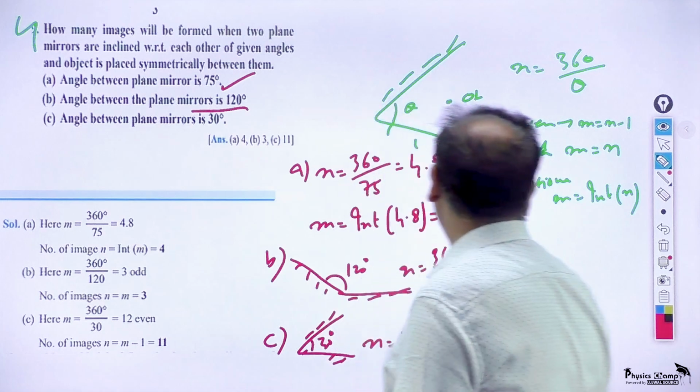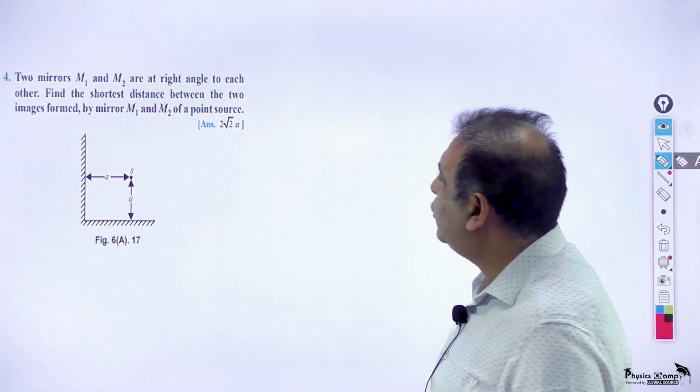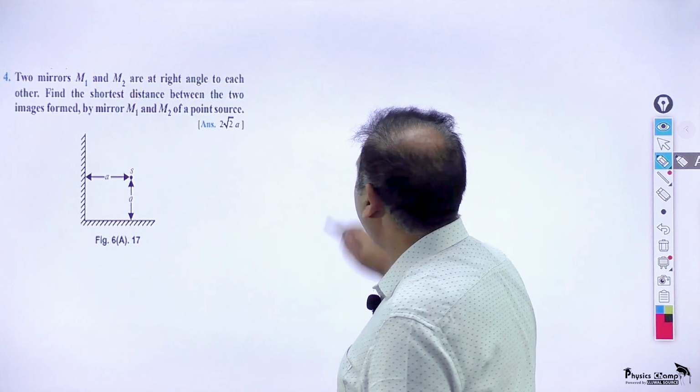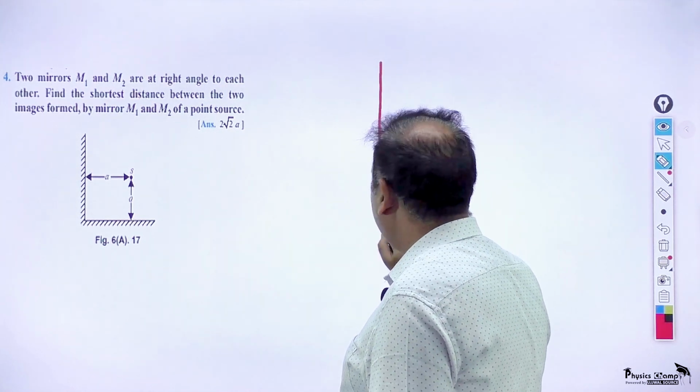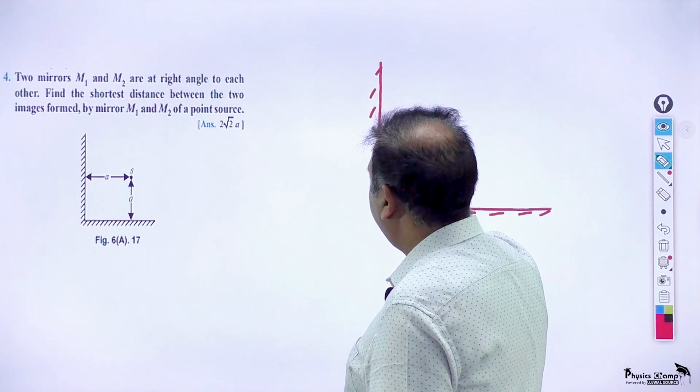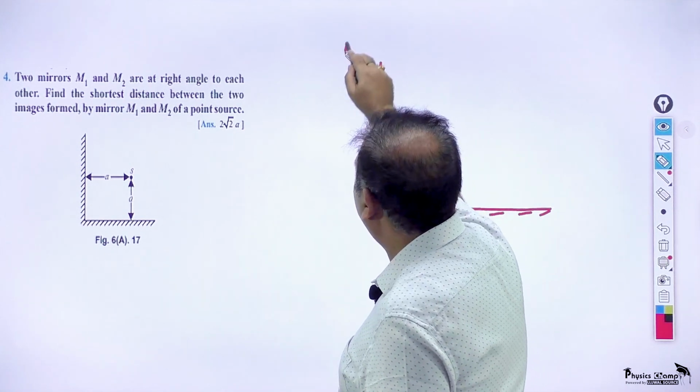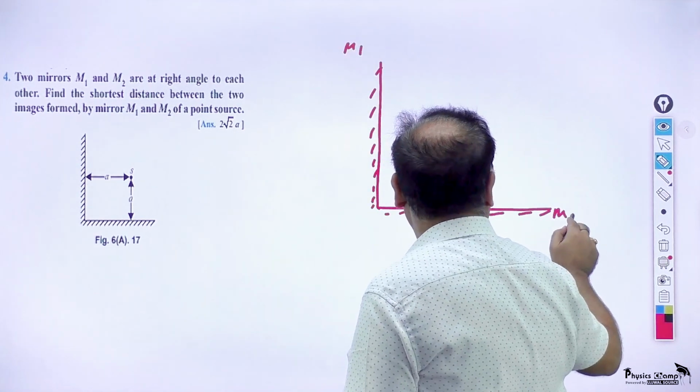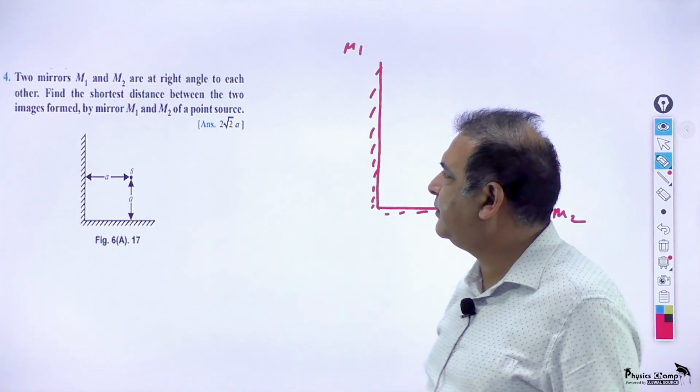Now I come to the next example, and this is example number 4. Two plane mirrors M1 and M2 are at right angle to each other. So mirror M1 and mirror M2, they are at right angle to each other.